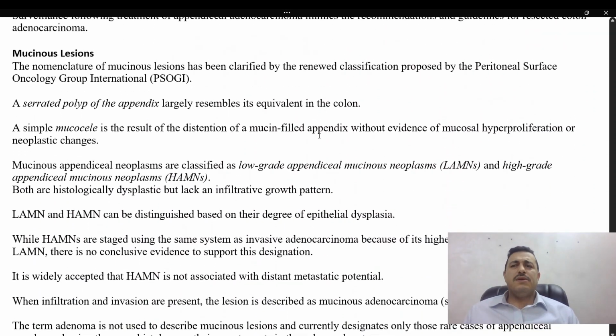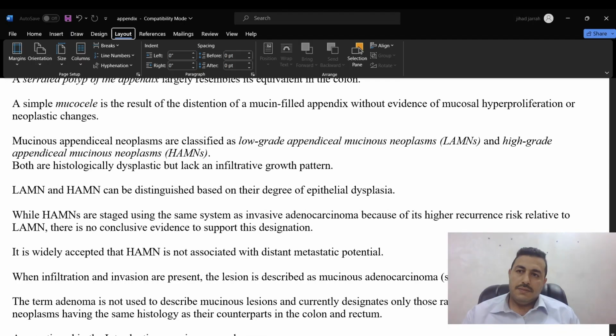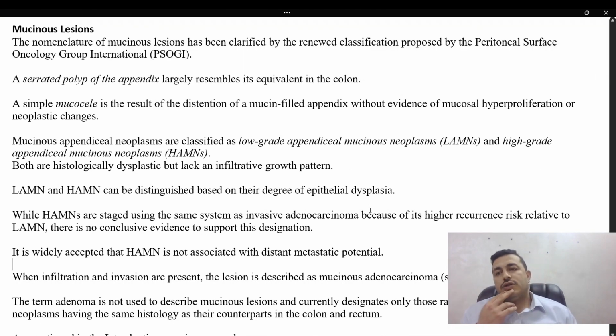Okay, mucinous lesion. This is a mucocele of the appendix. We already discussed it. Let's see what they want to talk about here. They just reviewed what we already said, and I think repetition is important.